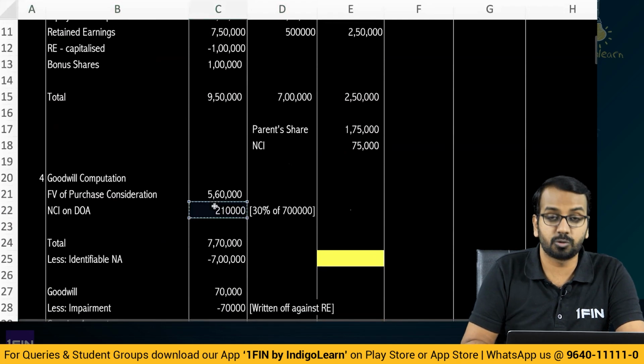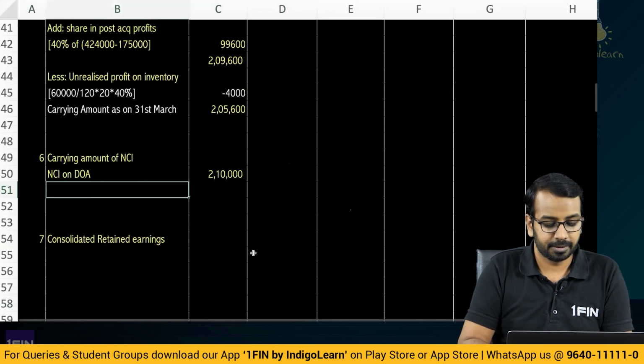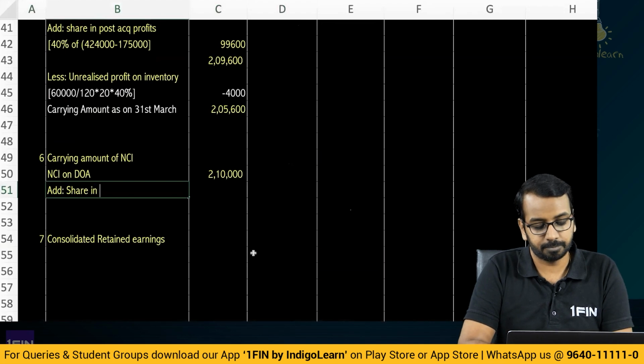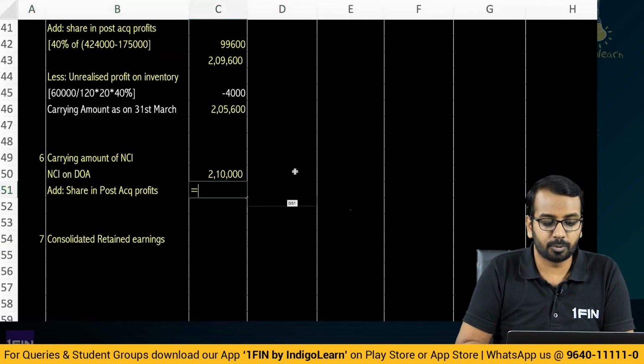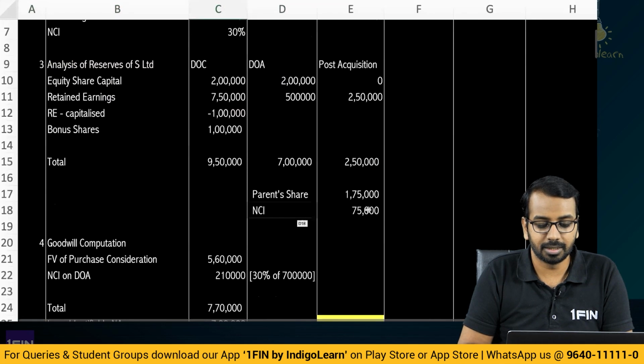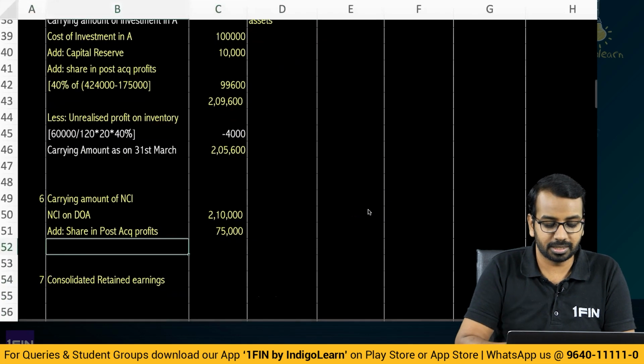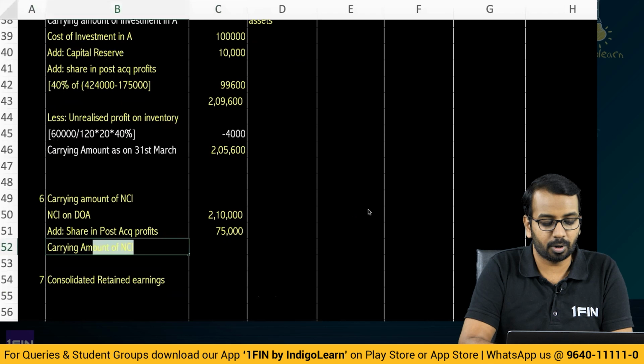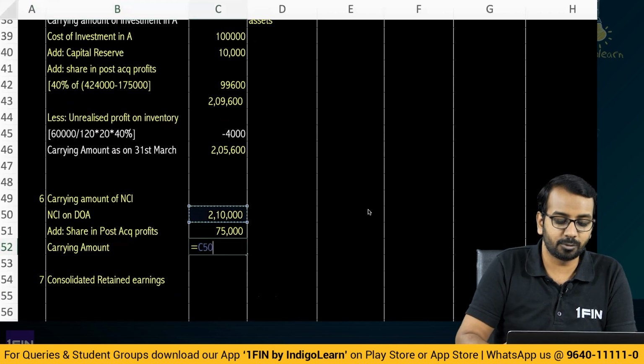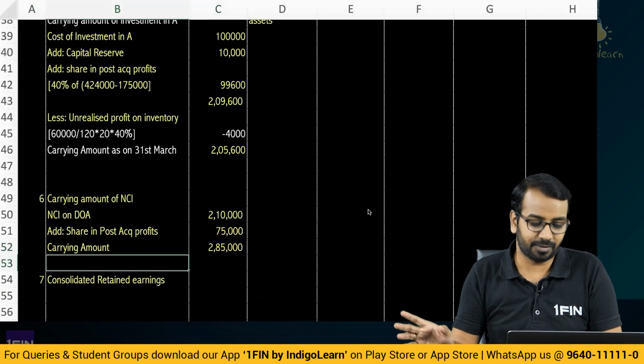NCI on date of acquisition is 2,10,000. Add share in post acquisition profits. Share in post acquisition profit we have already calculated here, 75,000. We are not considering dividend, so carrying amount will be 2,10,000 plus 75,000, 2,85,000.